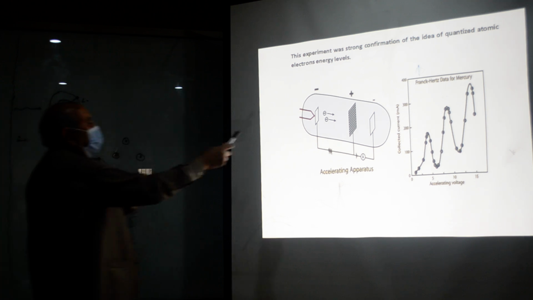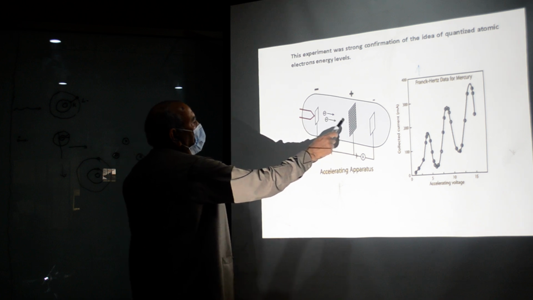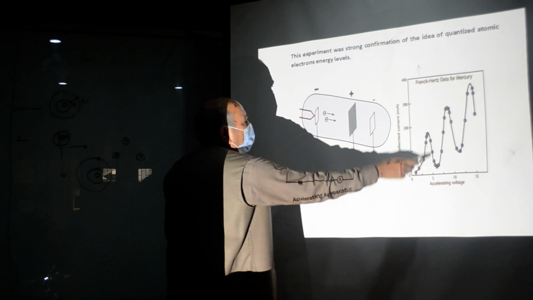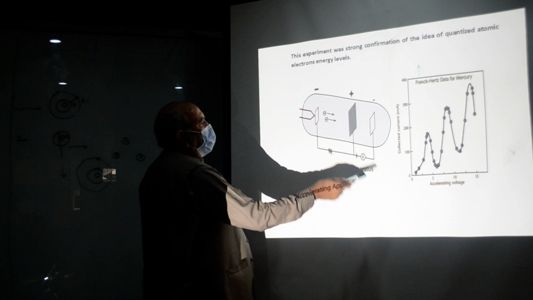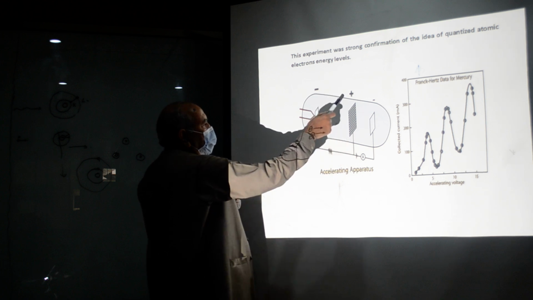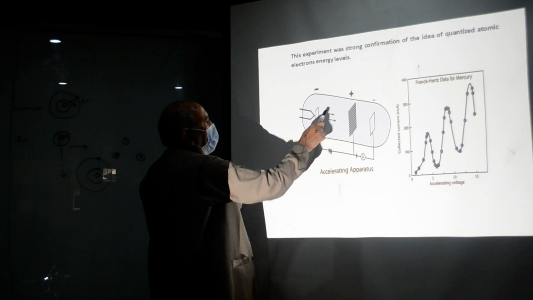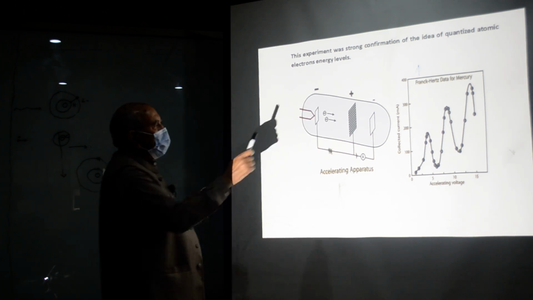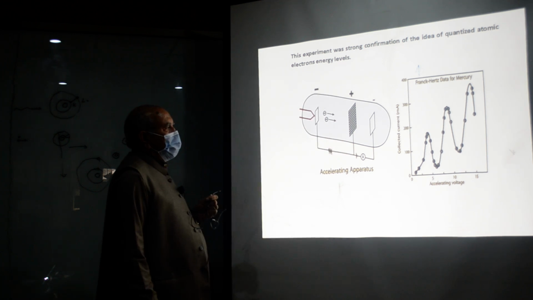Electrons are being accelerated. Their energy will increase. When it reaches an energy corresponding to 4.9 electron volts, then the atom will absorb the energy by exciting the electron to the higher state, and these incident electrons will lose energy because they are used up in increasing the energy of the atomic electron.